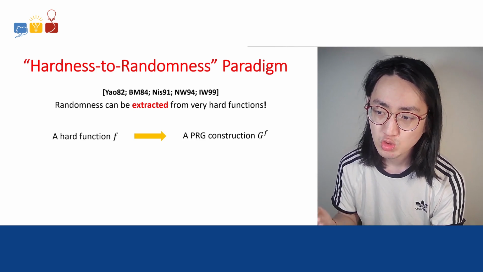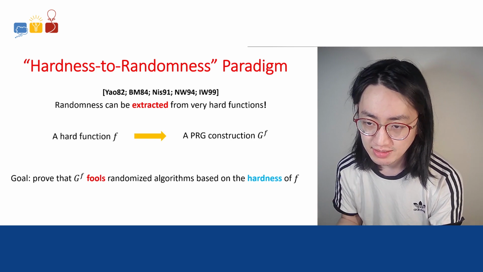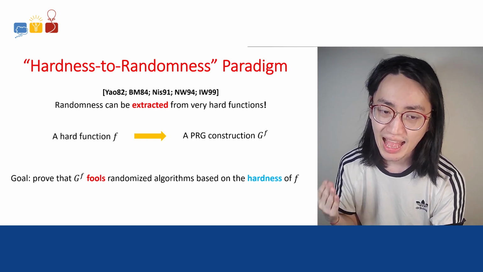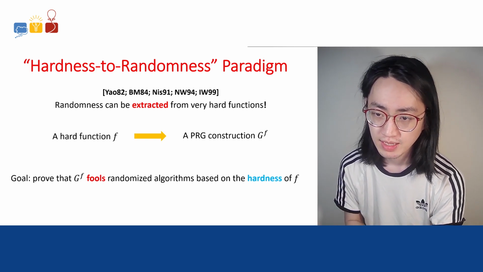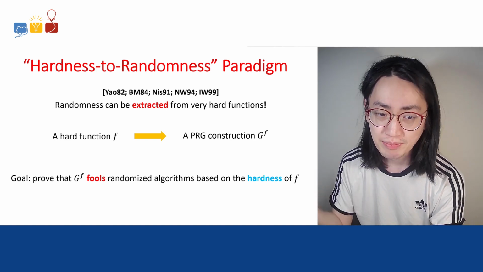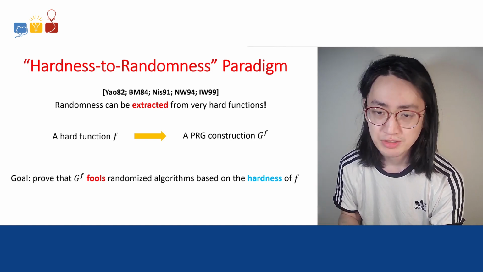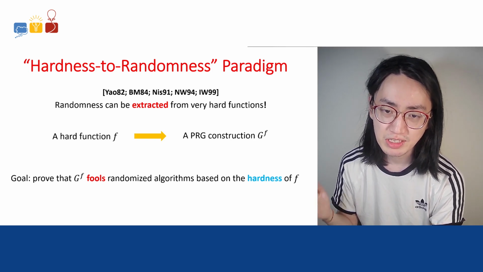The goal is to prove that g^f fools randomized algorithms based on the hardness of f. In other words, if f is hard, then g^f can be used to derandomize those algorithms, as we saw before. So how can we prove such a conditional statement?